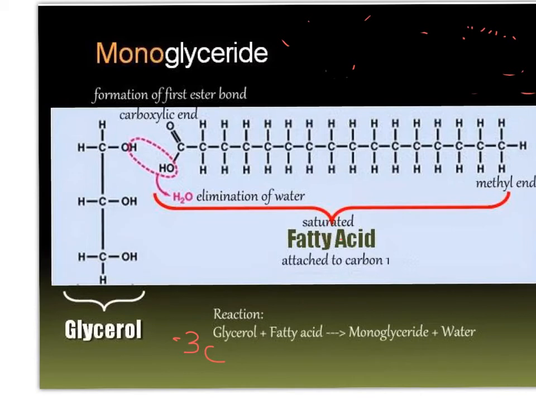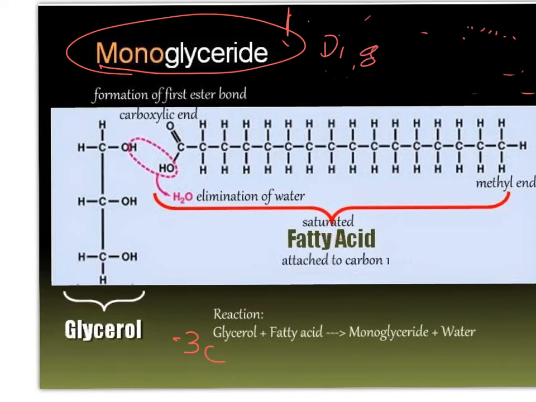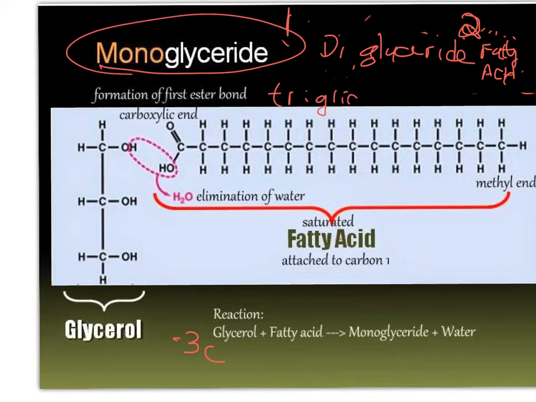So the organization can be a monoglyceride, which is 1, a diglyceride, which would be 2 fatty acid chains, or a triglyceride, which would be 3 fatty acid chains. So I'll review that on the next.